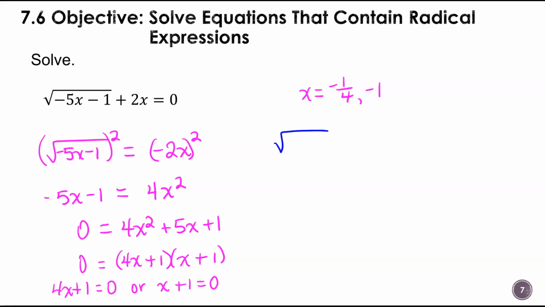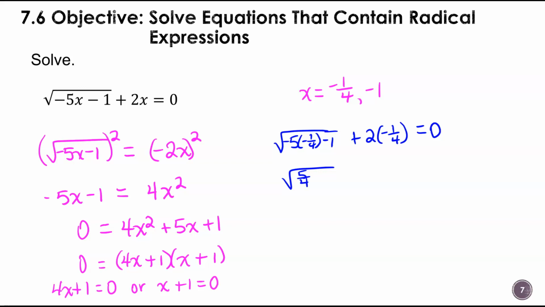So we have negative 5 times negative 1/4 minus 1 plus 2 times negative 1/4 equals 0. Sorry about the barking dogs. Okay, so we have 5/4, right?